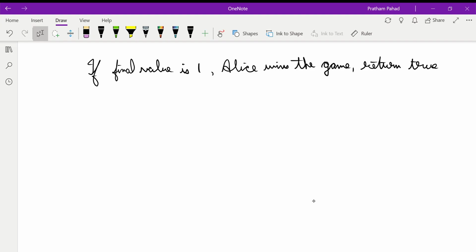Otherwise, if the final value is negative, means Bob has won the game, and we have to return false. I hope you have understood the problem.